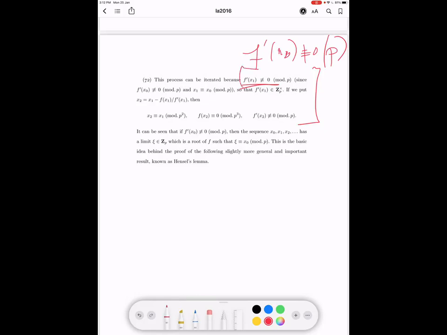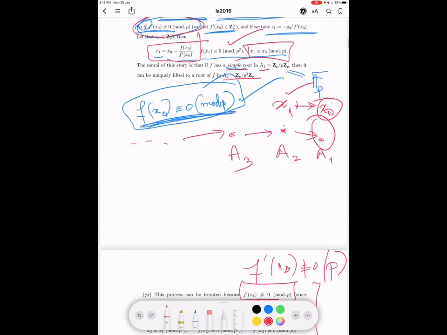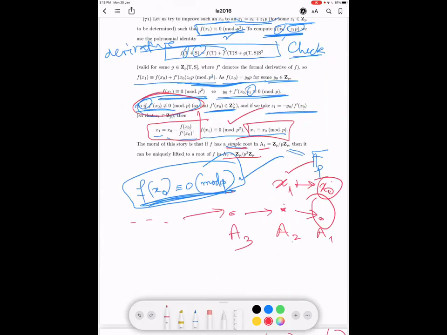Here I'm using the condition for x1. If that happens to be the case, then I can find an x2. I can repeat the same thing. I'll put x2 equal to x1 minus f of x1 divided by f prime of x1, just as here x1 was x naught minus this thing, right?